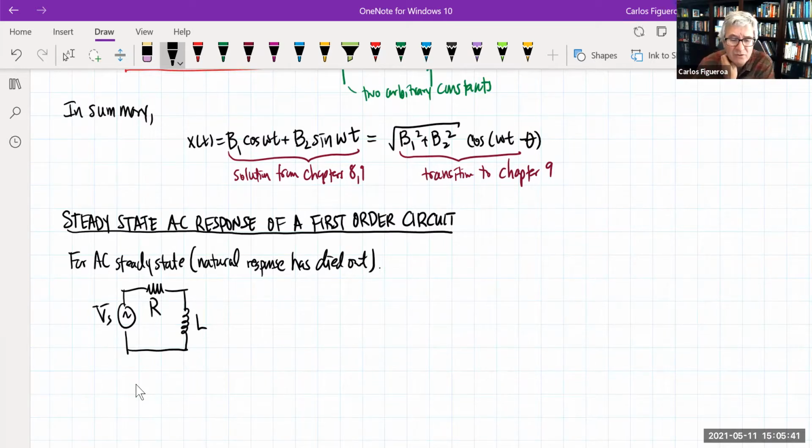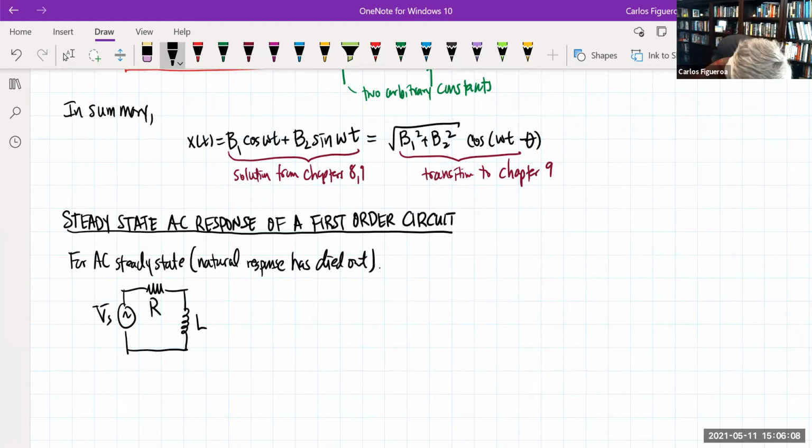And so what I want to do here is apply KVL to get the inductor current. And from that inductor current, I want to write it into an equation that has an amplitude and a phase constant. That's what our goal is right here. Okay. And it goes something like this.